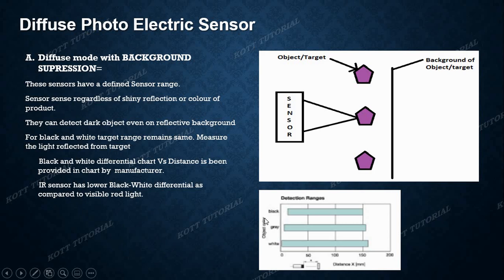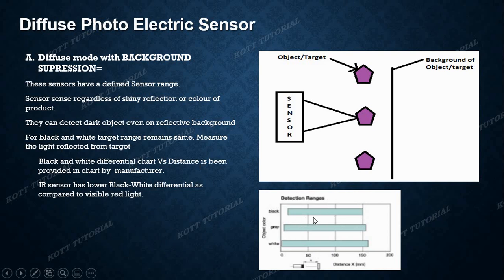For example, say in this black product, our dead zone is say 5 mm, means any of the black product passing at a 5 mm distance from the sensor, it will not detect it. So we have to always keep our product higher than the dead zone, then only it can successfully detect the product.